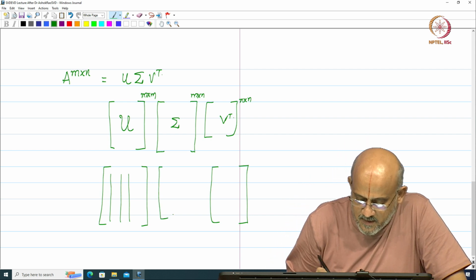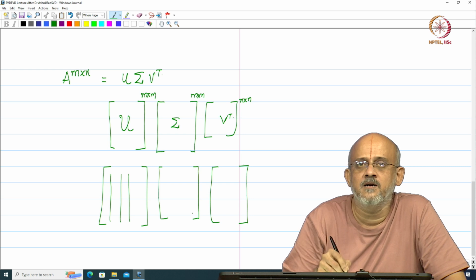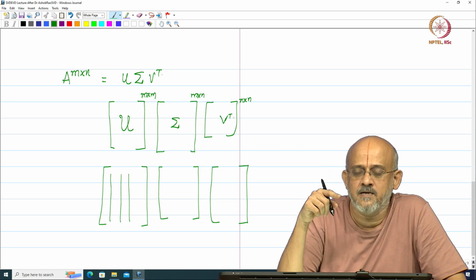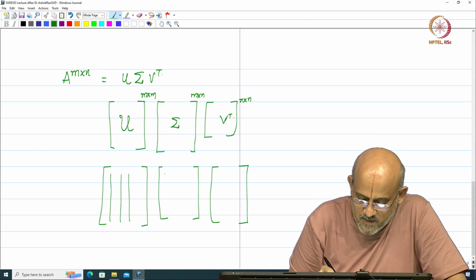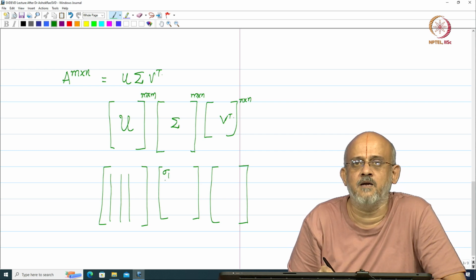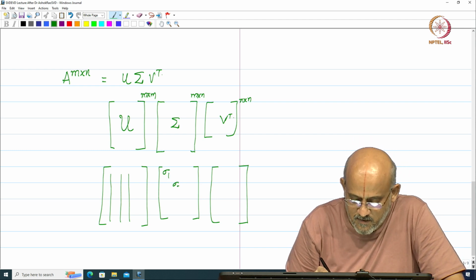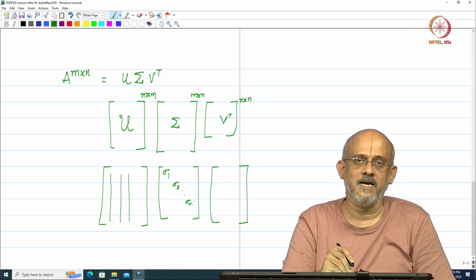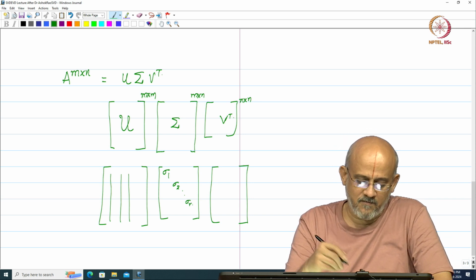And sigma contains the square roots of the eigenvalues of A transpose A arranged in decreasing order. So the first one is my dominant eigenvalue, the second one is second dominant, and so on, up to sigma r, suppose the matrix A is of rank r, which is less than n.